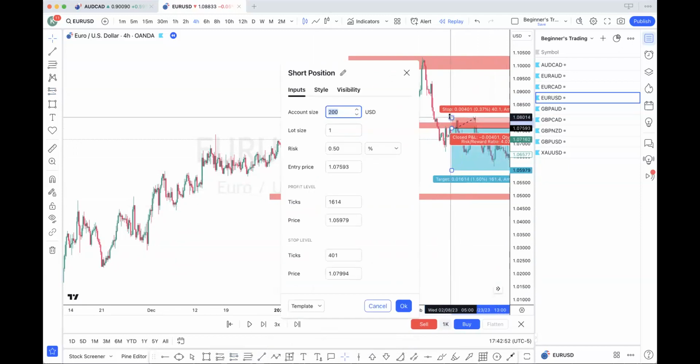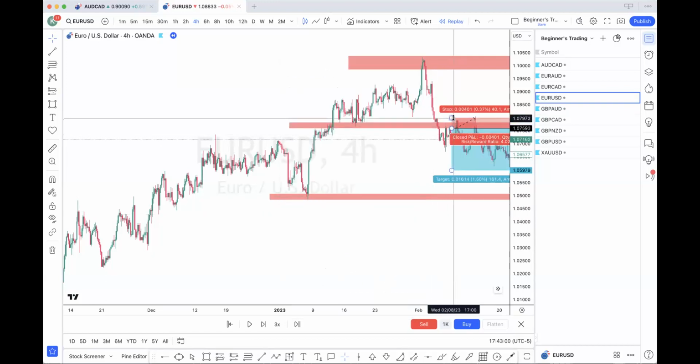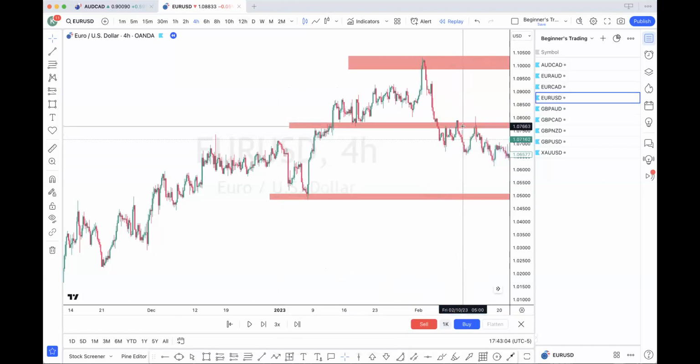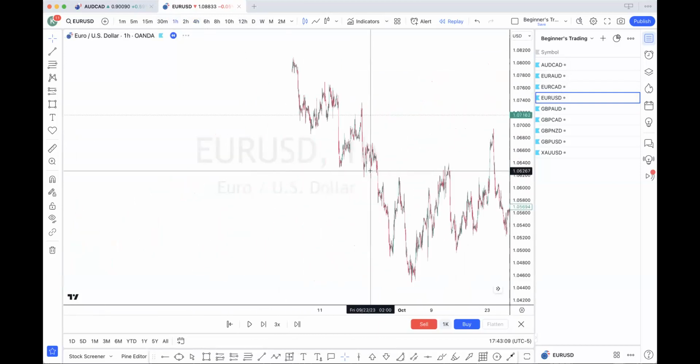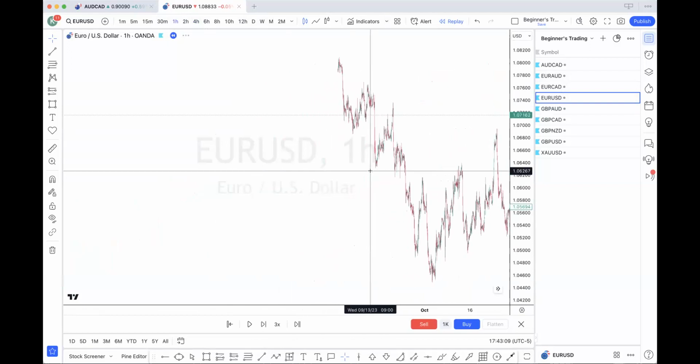Now, I personally am a 20 pip. But if you want, oh, I'm sorry. That's why it's so many pips, because I'm on the 4 hour. So let's go back down to our 1 hour. Per our trading plan.